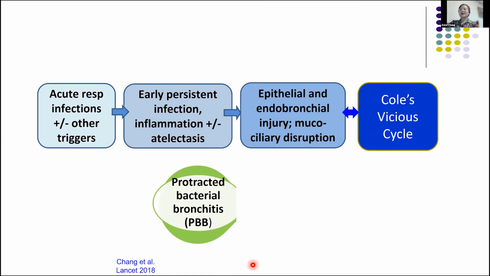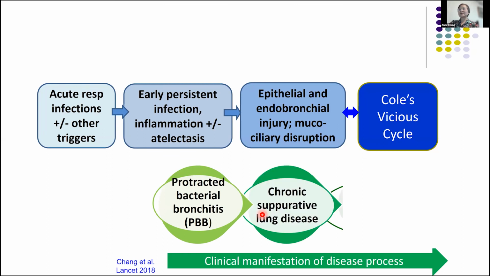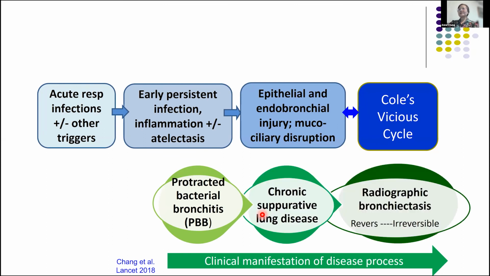But I think you can actually alter this. This particular bit is protracted bacterial bronchitis, when you get chronic wet cough. As the disease progresses, you get chronic subacute lung disease, and then radiological bronchiectasis, which in the initial phase is reversible.